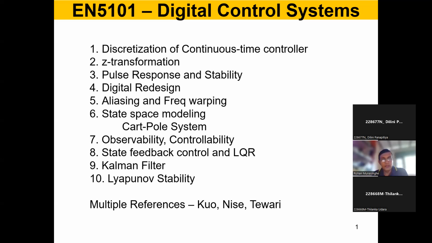But here, there are more important things to be discussed, like, for example, aliasing. This is actually happening because of your discretization of the plant. To discretize the plant, you bring in new components, namely holding circuits, samplers, right?